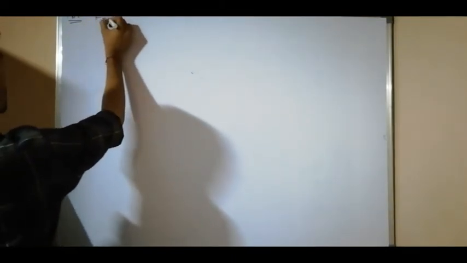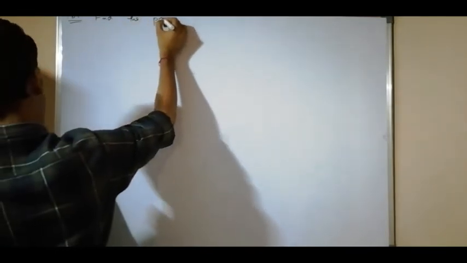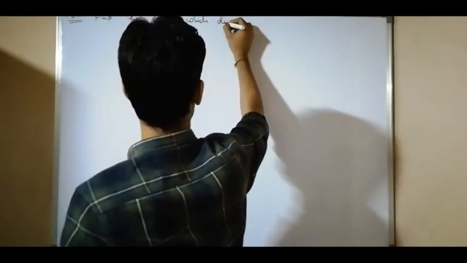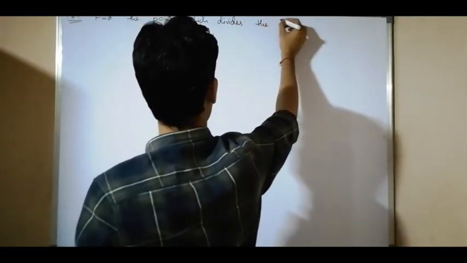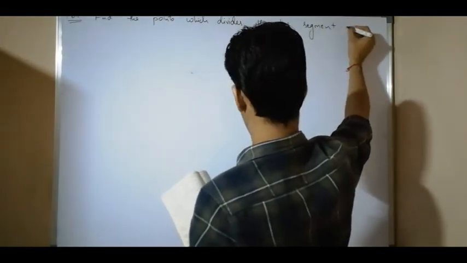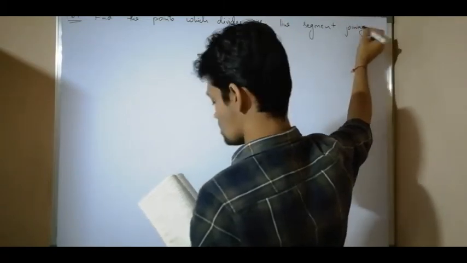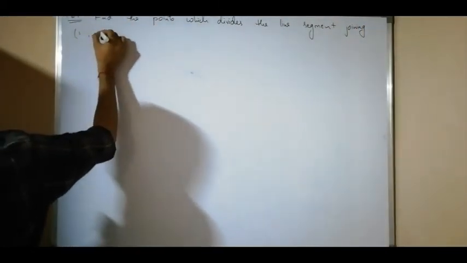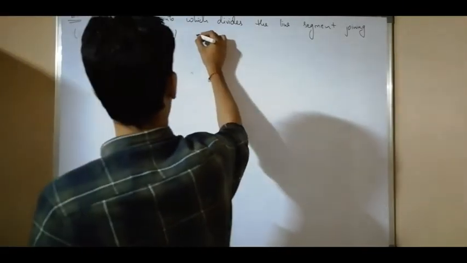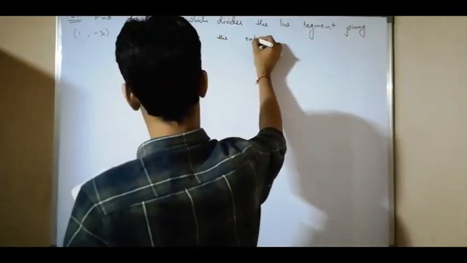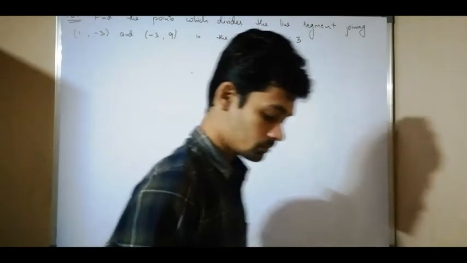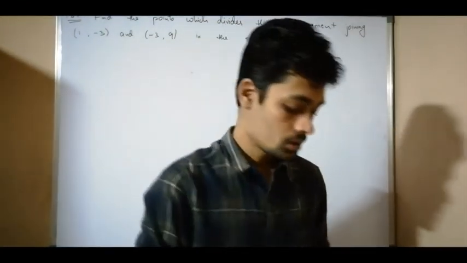Find the points which divide the line segment joining (1, minus 3) and (minus 3, 9) in the ratio 1:3. Now this is the question.